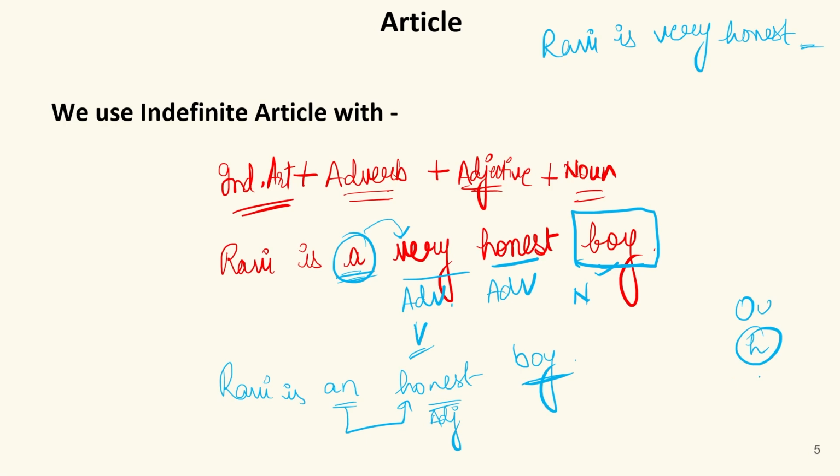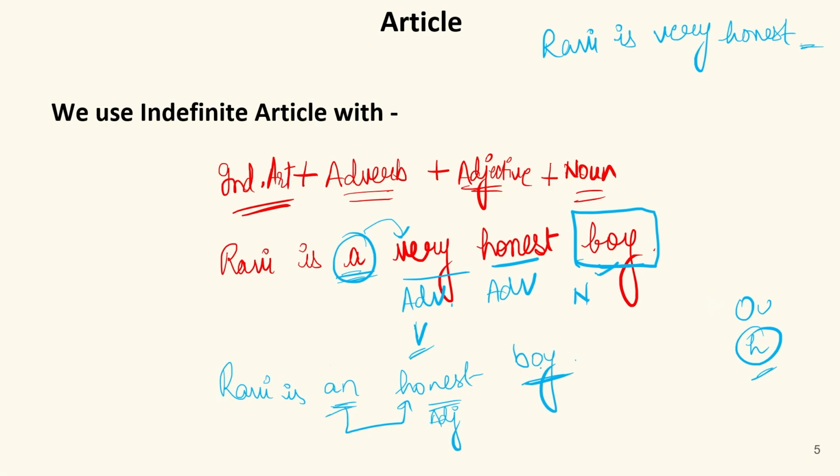It is not beginning with the sound of h. It is beginning with the sound of o, that is a swar, a vowel sound. So we write n before the word honest. So it should be Ravi is an honest boy, not a honest boy.